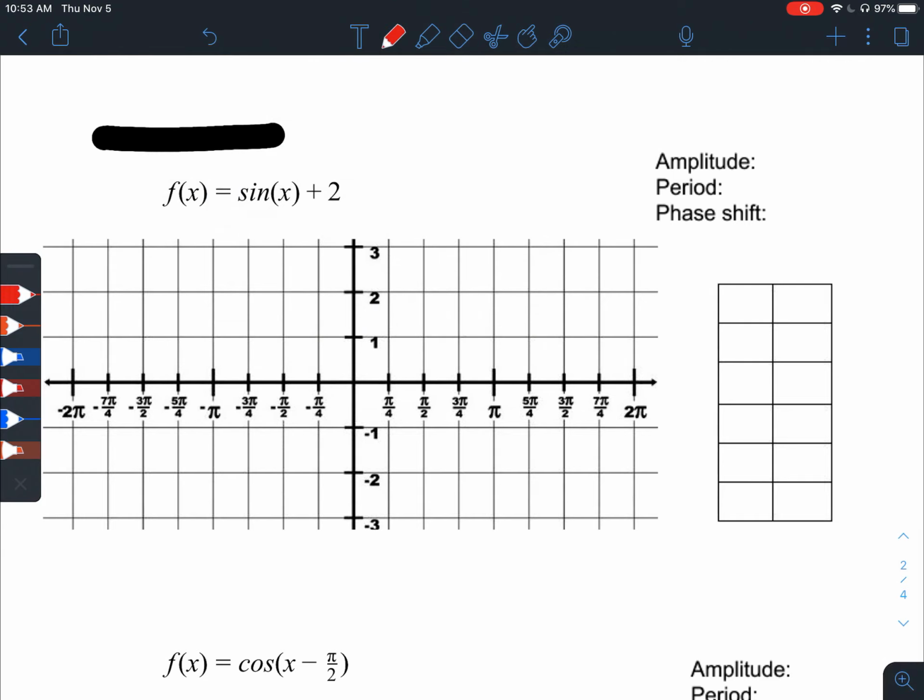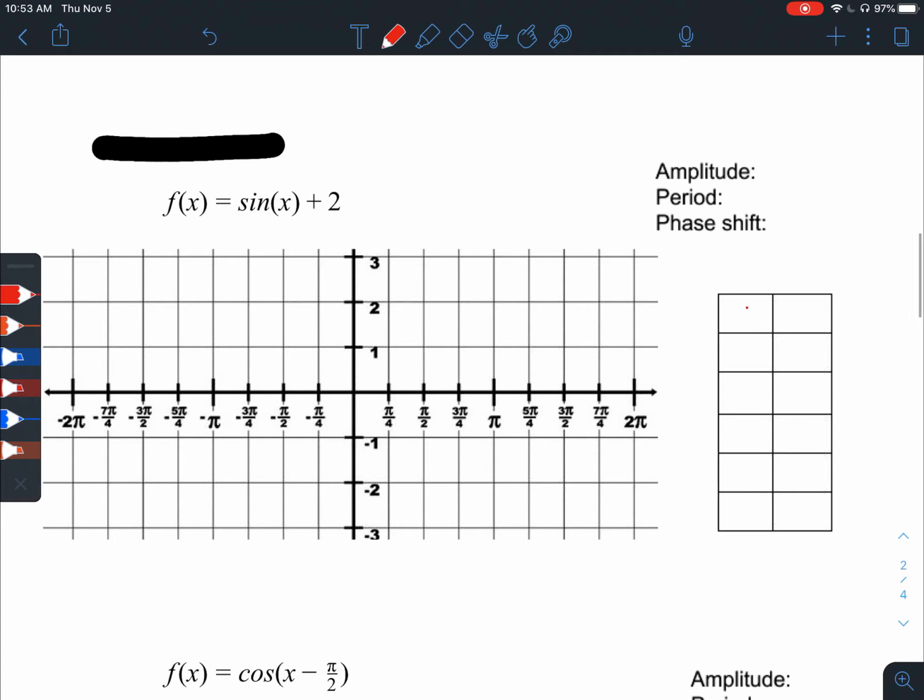Okay, so I'm dealing with sine, so my parent function is going to be x, y, and then we have, you know what, let me actually make 2 of these. Copy, paste.